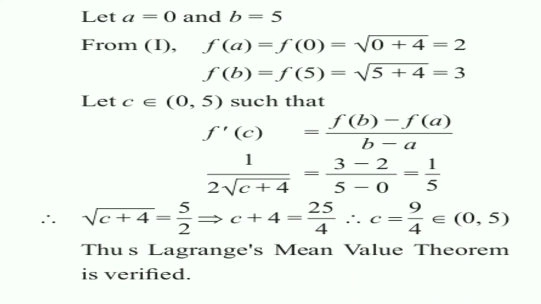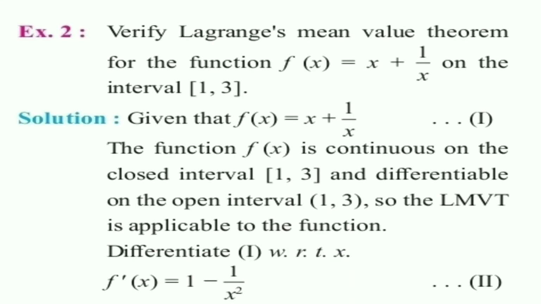Thus, Lagrange's mean value theorem is verified. Example 2. Verify Lagrange's mean value theorem for the function f(x) equals x plus 1 upon x on the closed interval [1, 3]. Solution. Given that f(x) equals x plus 1 upon x.